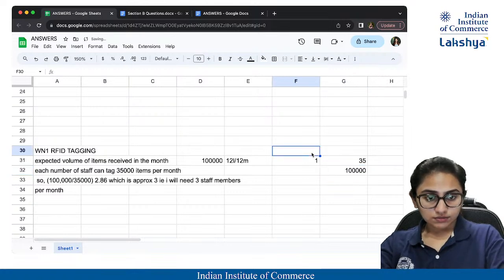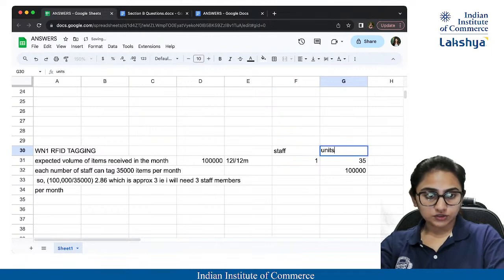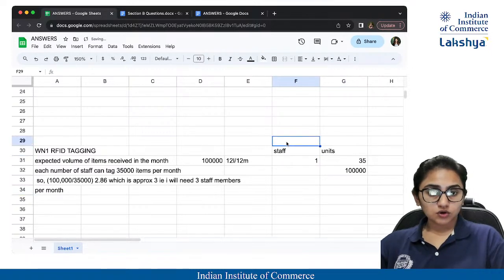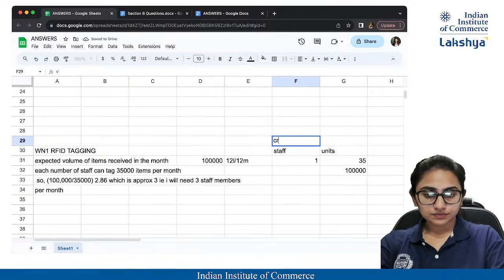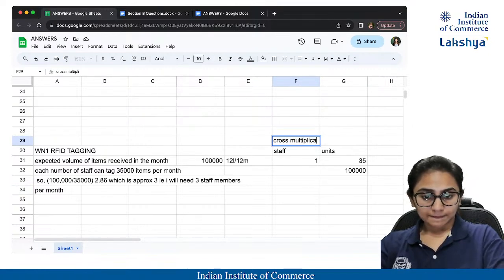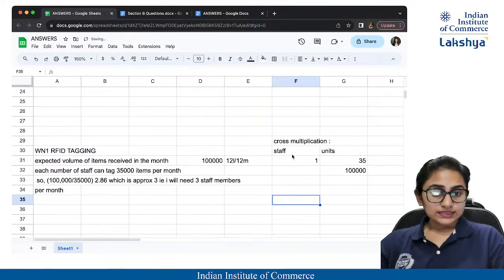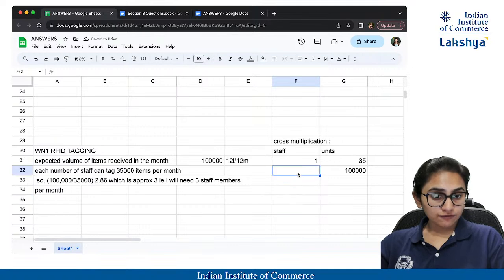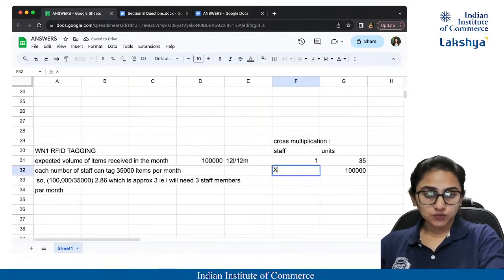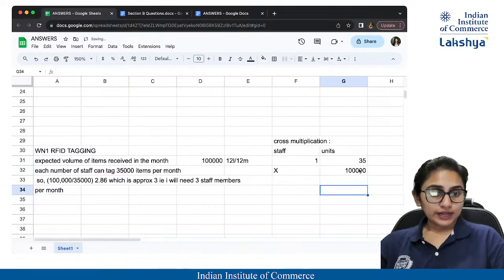Units, staff and units. See, this is a cross multiplication. So we want the number of staff members, which we will assume X, to do 1 lakh units.